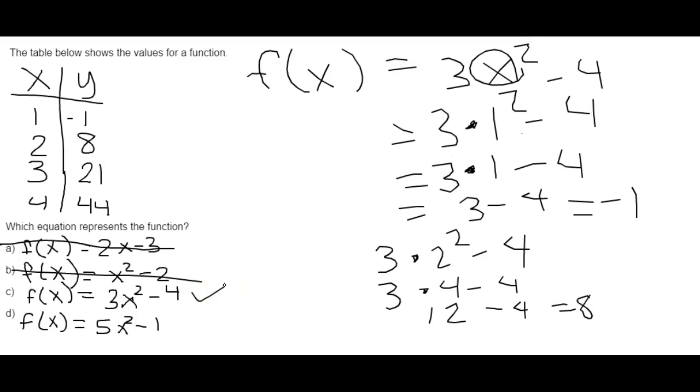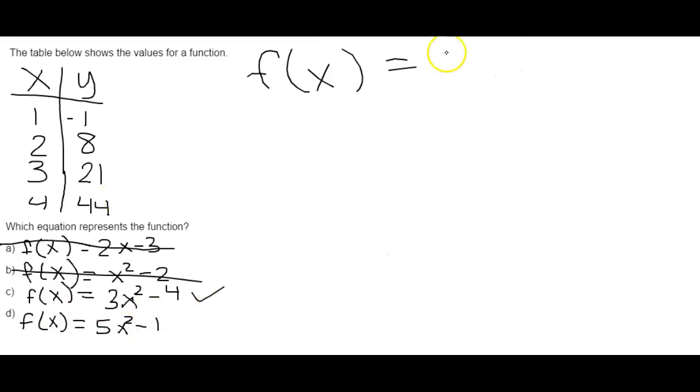If you just want to make sure, you can always check D, or you could check by plugging in 3 and 4 to make sure those also work. So I'm going to check D just to make sure that C is the correct answer. So answer choice D said 5x squared minus 1.